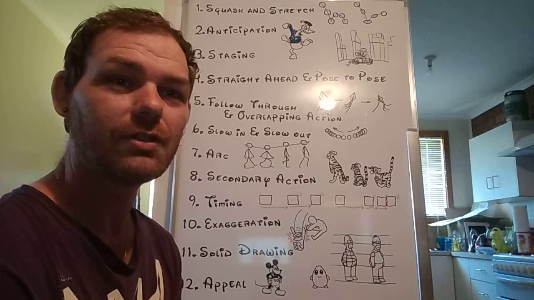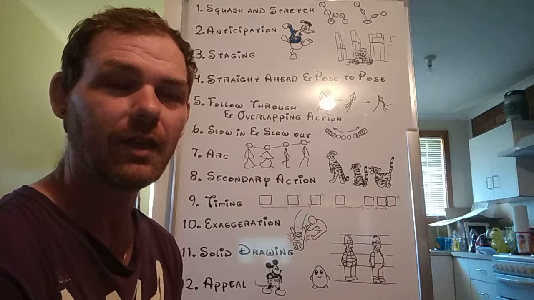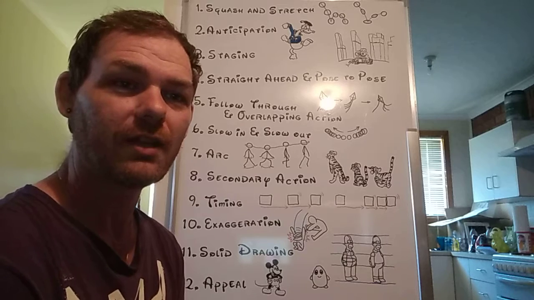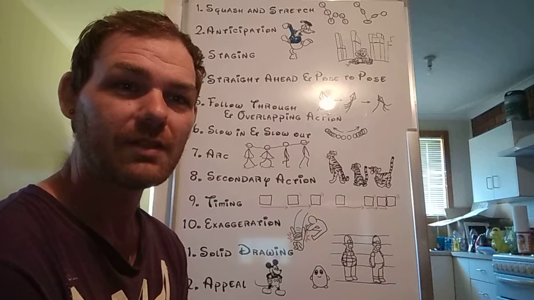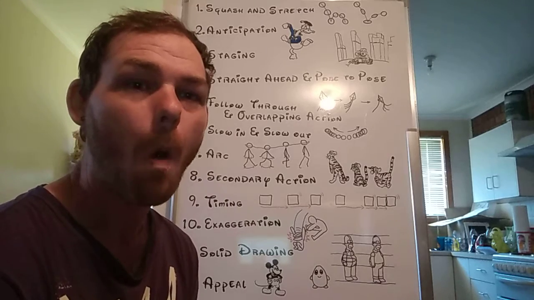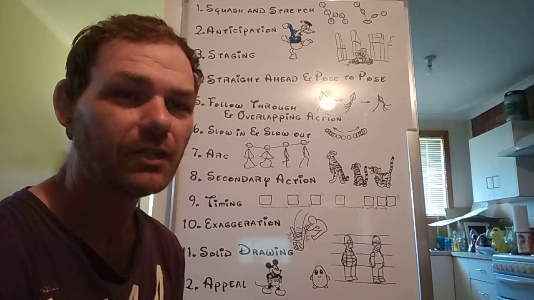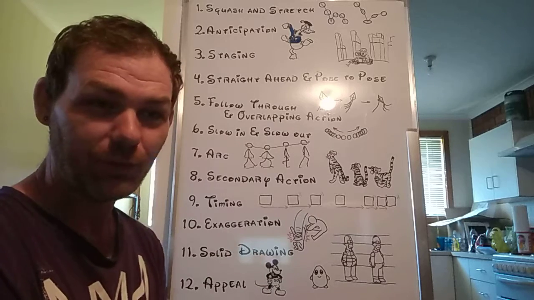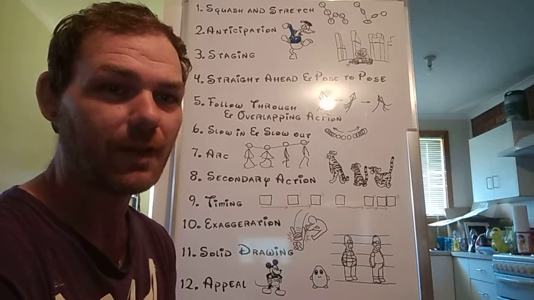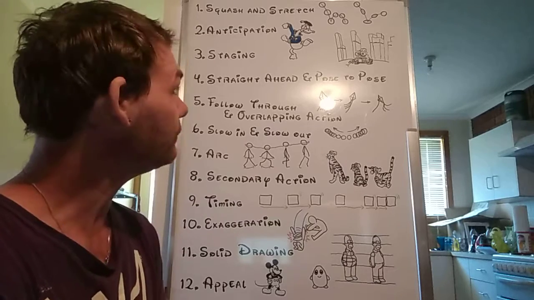So I'd get the students to pretend they're chewing something and examine each other's faces, how they naturally squash and stretch. I'll give you an example. When you're chewing, your jaw goes down, and then your cheeks puff out if you exaggerate it a little bit, and that's another point in the principles of animation we'll get to later.